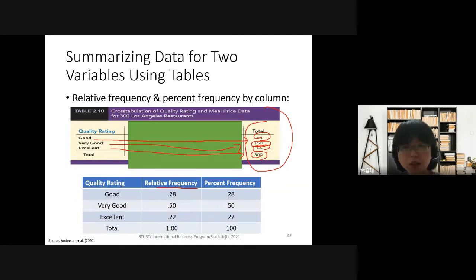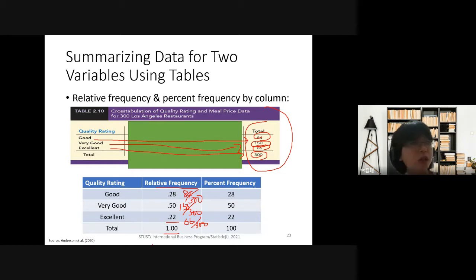Use 84 divided by 300 to get the relative frequency for good. 150 divided by 300 gives a relative frequency of 0.50, and 66 divided by 300 gives 0.22.